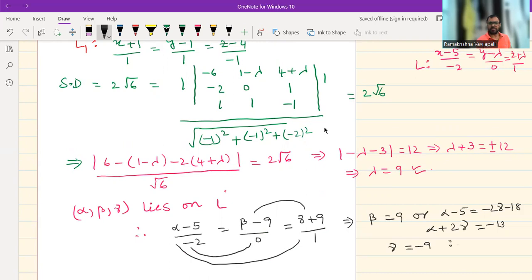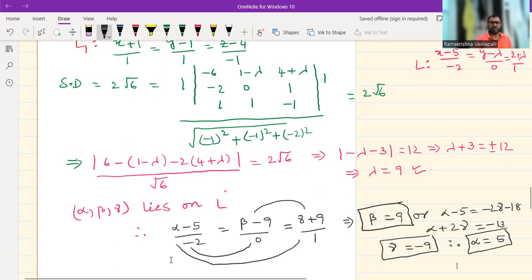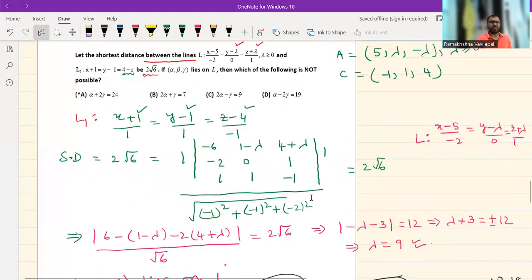Therefore, gamma equal to minus 9. So minus 18, bringing this side, you will get plus 5. So we got three values, that beta equal to 9, gamma equal to minus 9, and alpha equal to 5. So it is simply nothing but the line which passes through the point directly. So now you just verify the options.